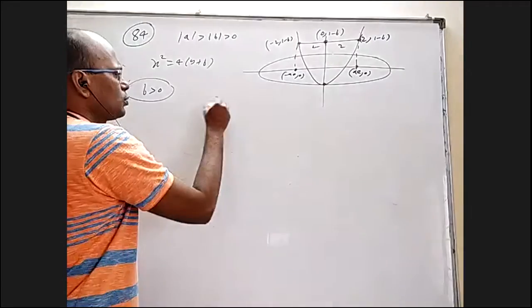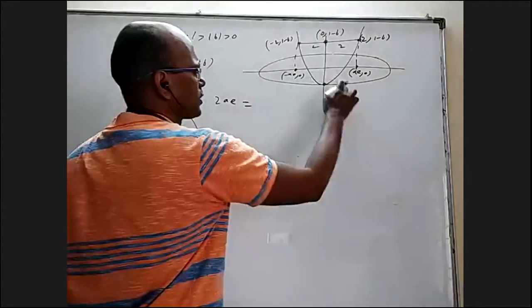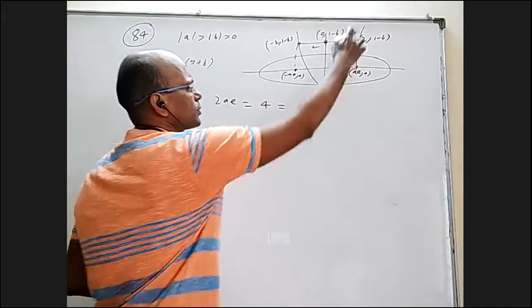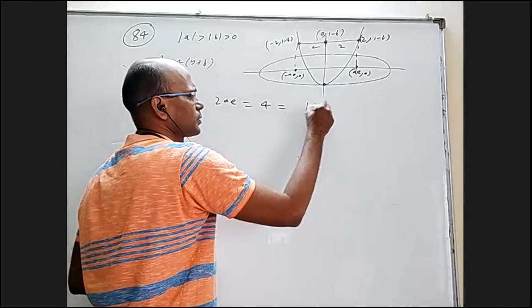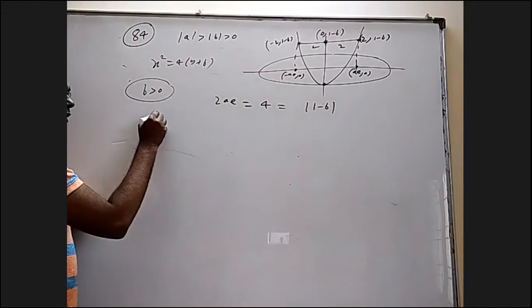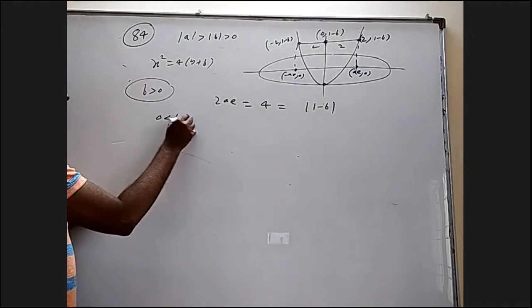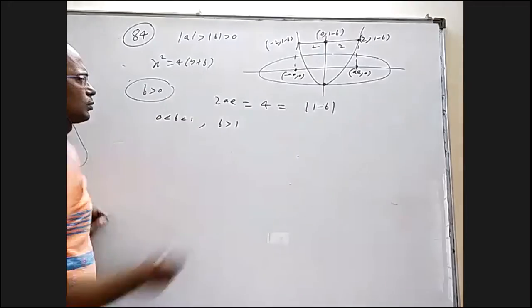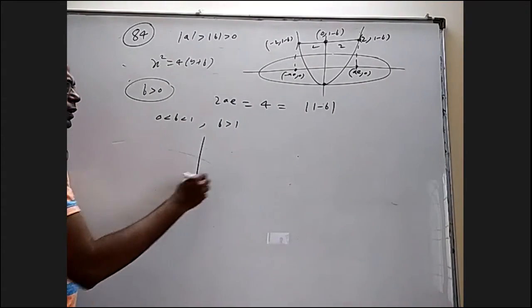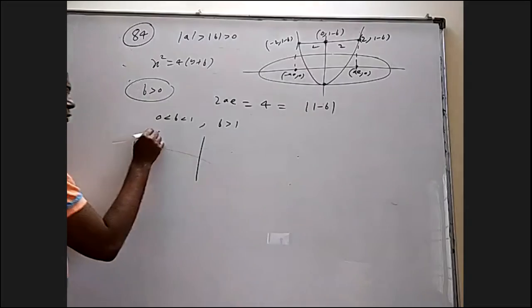Anyway, 2ae is the length of the square one way. That should be the same as 4, and that also should be the same as mod 1 minus b. I want to take the height as this. Again, I can take the cases 0 less than b less than 1 and b greater than 1, two cases. Either case, ae is 2, no doubt.